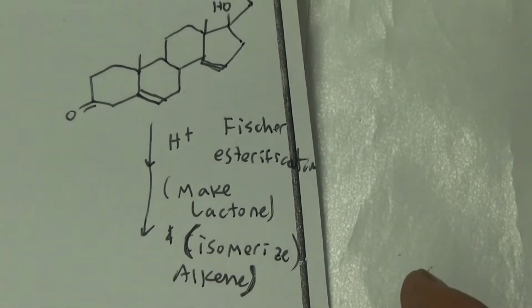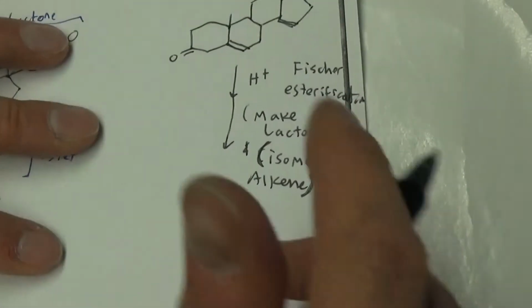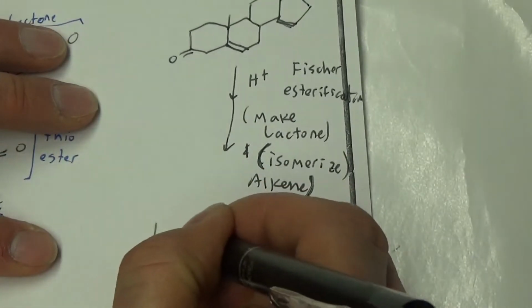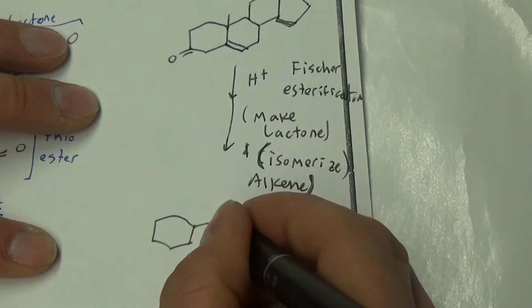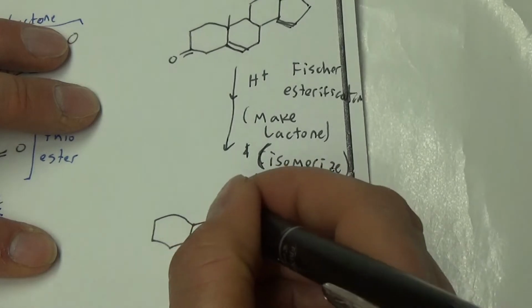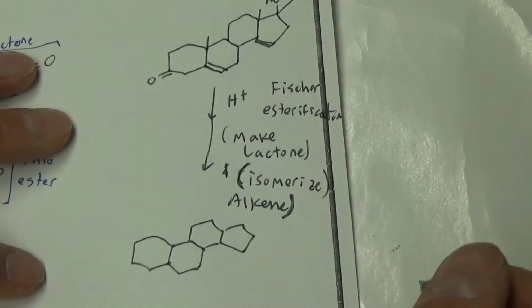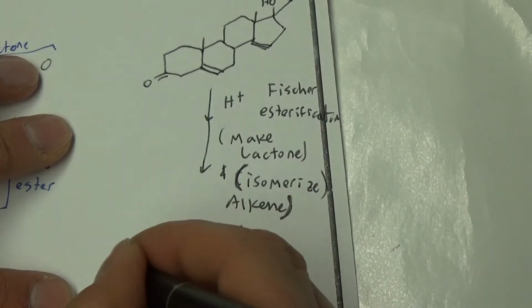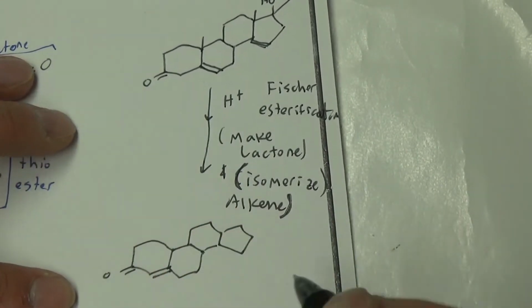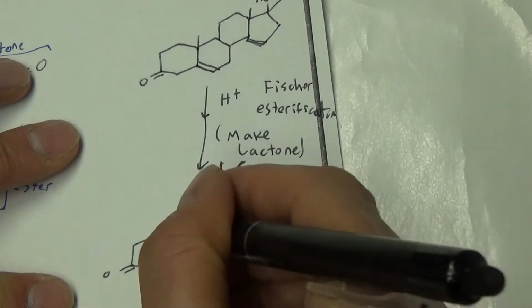All right, so what do we got now? Steroid. Now we got our ketone, and we have our isomerized alkene. So the alkene's down there. 2 methyls.